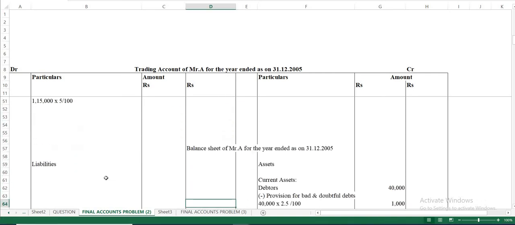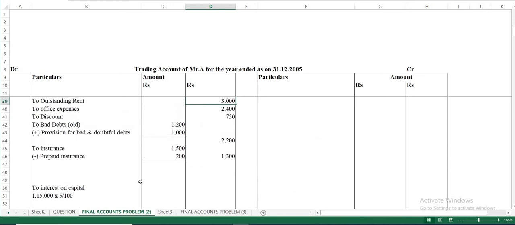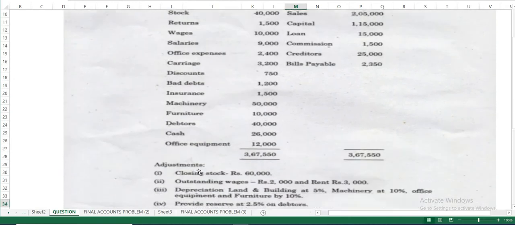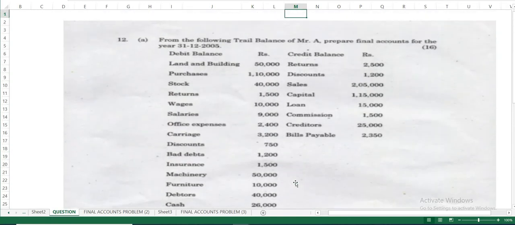So we can continue the profit and loss account. We stopped with interest on capital. If you see in the question, under the adjustment, we have one item called calculate interest on capital at 5%. So interest on capital is to be calculated from capital.